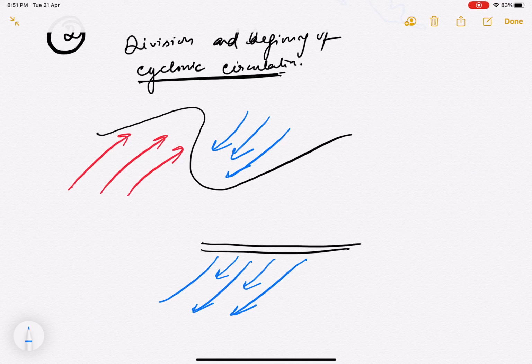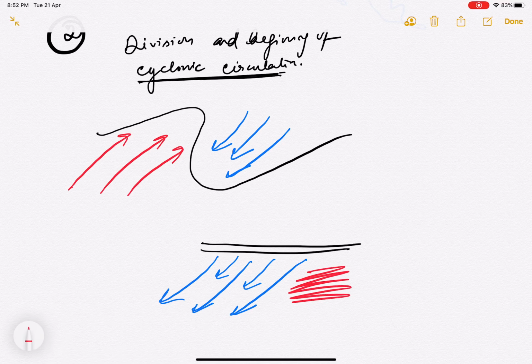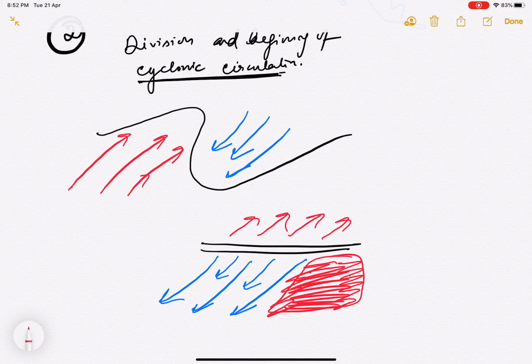The cold air mass will witness the warm area towards its left, because obviously we know there was warm air over here, and the warm air mass has moved towards the higher latitude. When the cold air mass enters the lower latitude, it will witness a warm area towards its left.